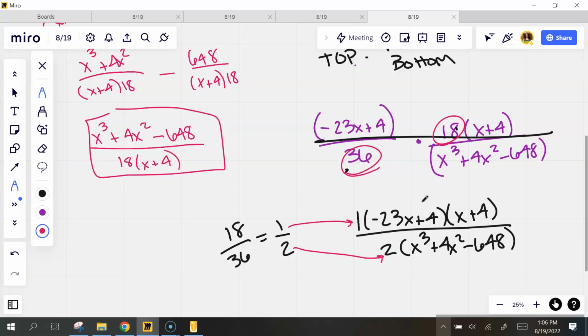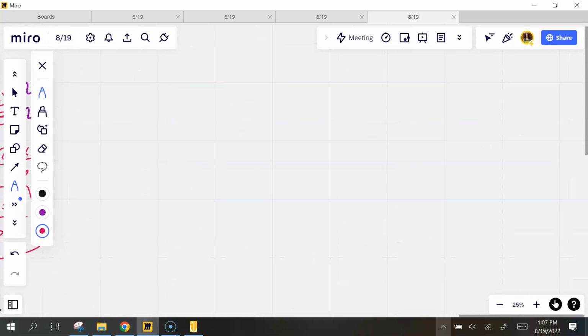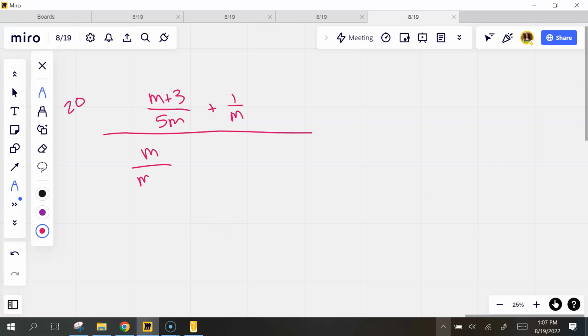Okay, let's do one more. Let's do 20. I gotta scroll out so I can see my top and bottom. Let's look at the top first.